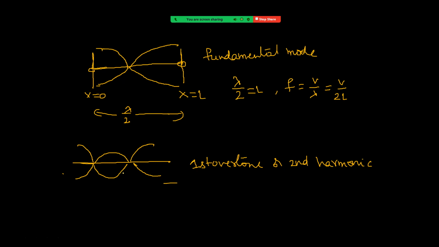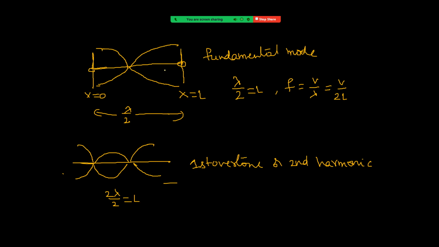Next, coming to here, lambda by 4. This also lambda by 4, lambda by 2 plus lambda by 2. This is now 2 lambda by 2. So same as the previous one, no change in that. Only changes here: having two half loops in the first one.